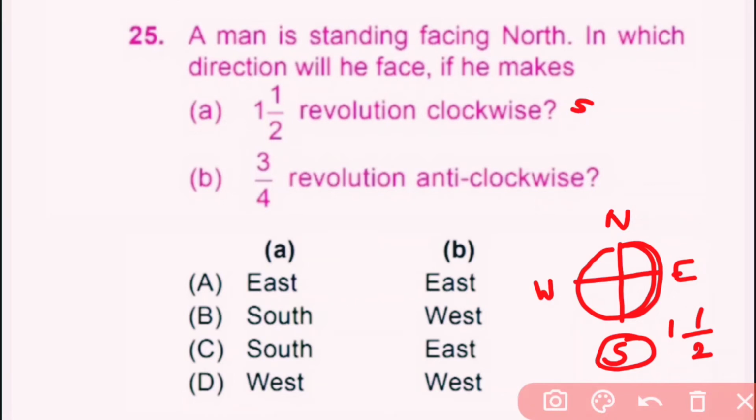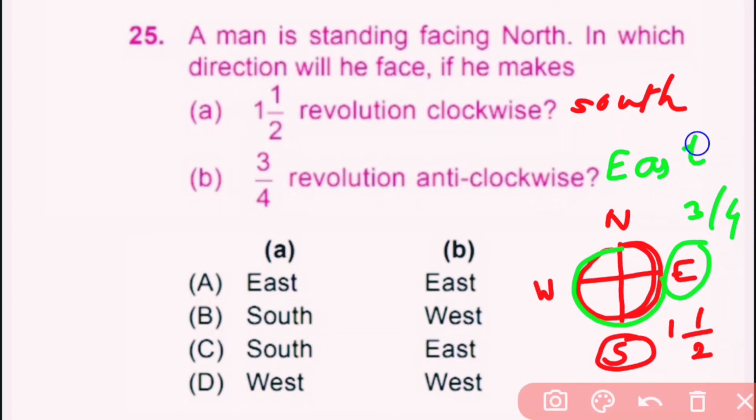And B, 3/4 revolution anti-clockwise means he will turn anti-clockwise, so he will face east. So here C is the correct answer.